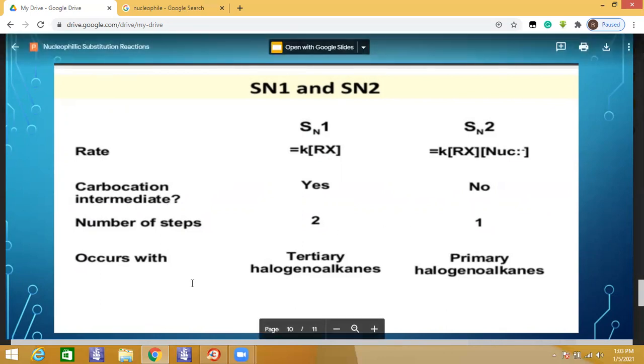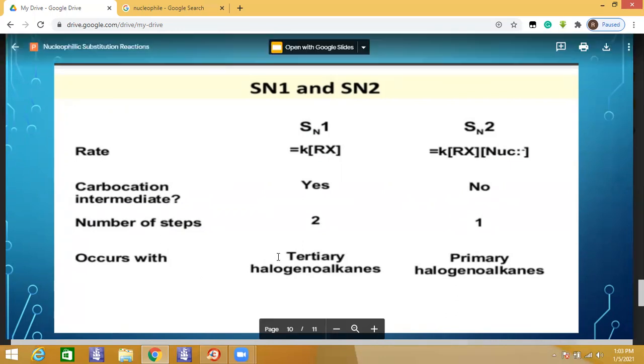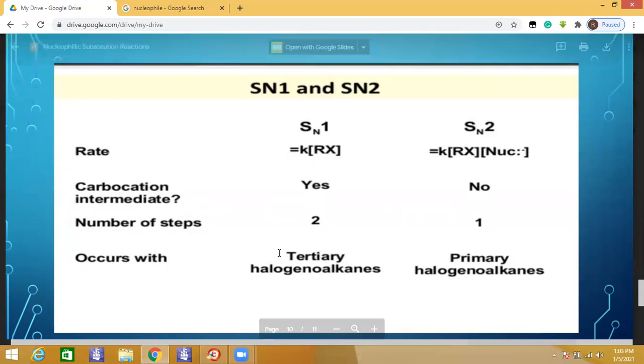One last factor is the nature of the solvent. As I told you, the non-polar solvent favors the SN2 mechanism, while the polar solvent favors the SN1 mechanism.